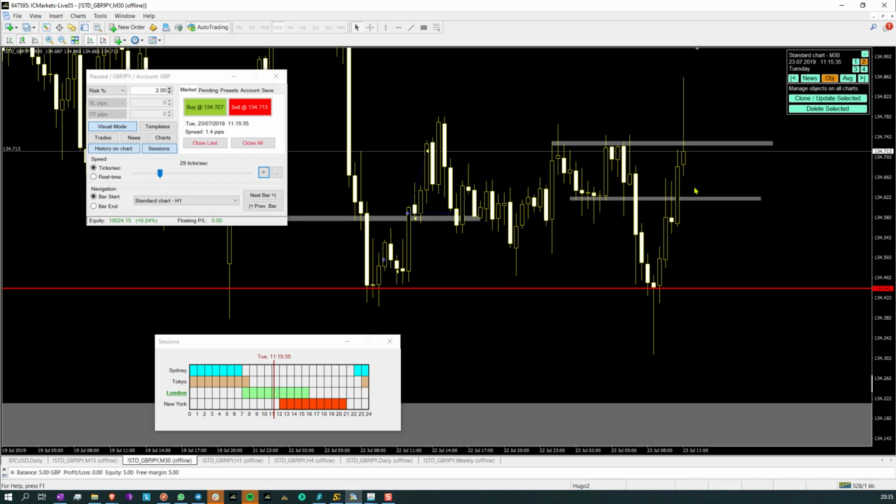So we might see something coming down. We might see that. If we break this low, I might be interested after this rejection here.